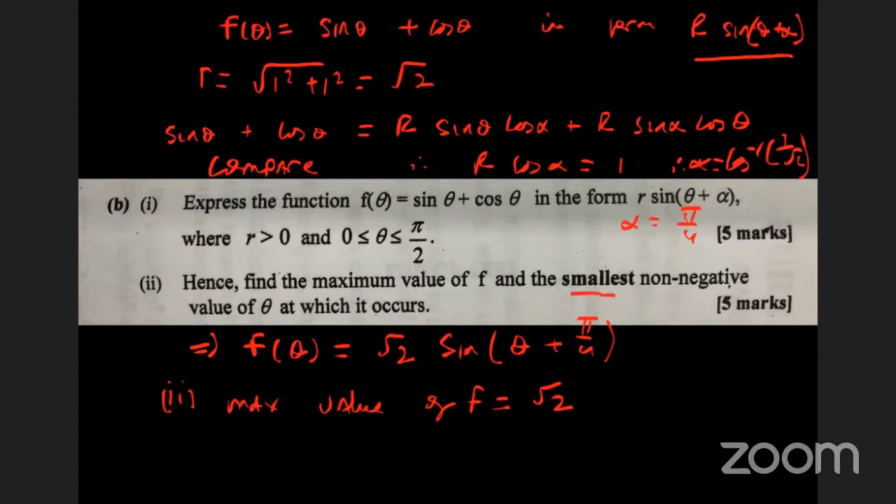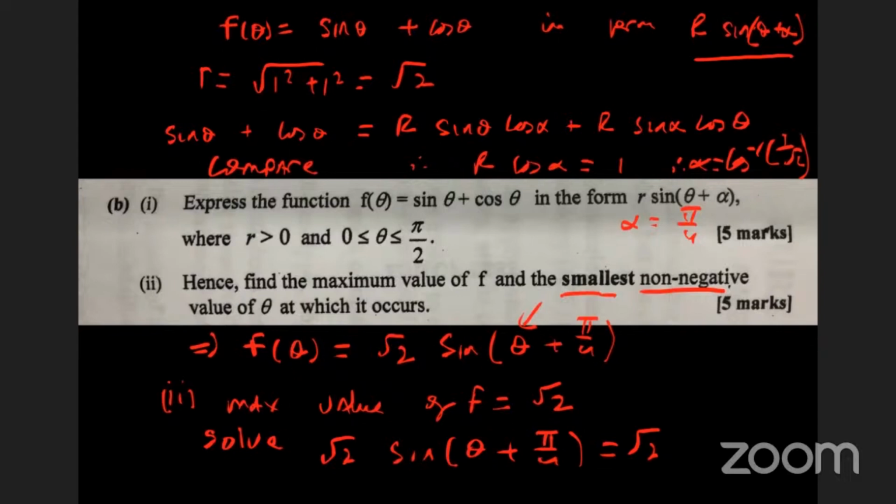They want the smallest non-negative value of theta which will make this happen. So they basically want us to solve for theta. So all we have to do is solve root 2 sine(theta plus pi on 4) equal to root 2. Of course, it's much easier than that. When sine is 1, it's maximum. That occurs when theta plus pi on 4 is what value? Pi on 2.